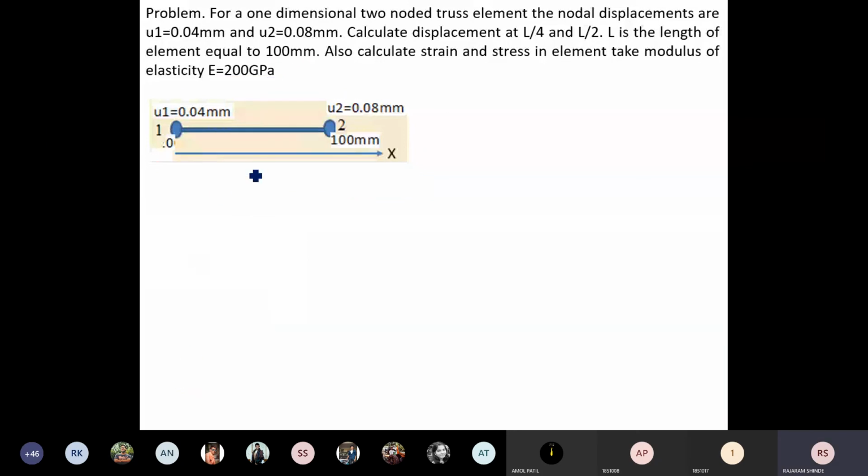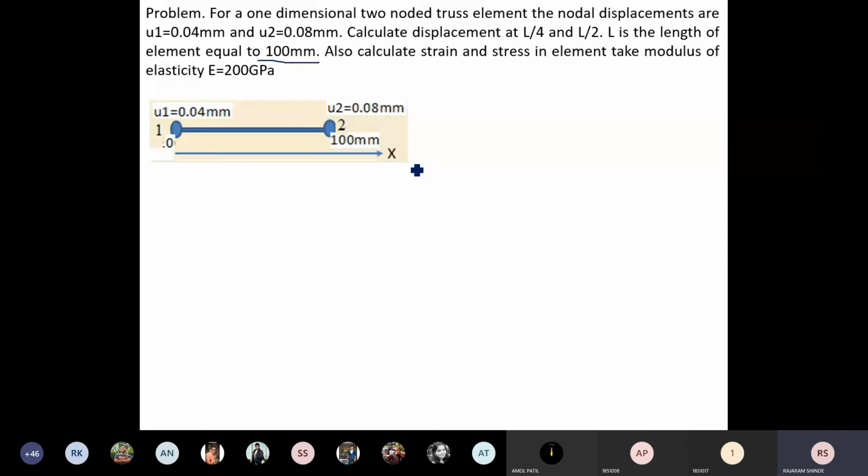Now you see here nodal coordinate of node number 1 is not given. Length of the element is given. If length of the element is given, then you have to assume the first node is at origin. And one more thing I want to tell you here. In some books, for all questions, they have taken first node at origin.